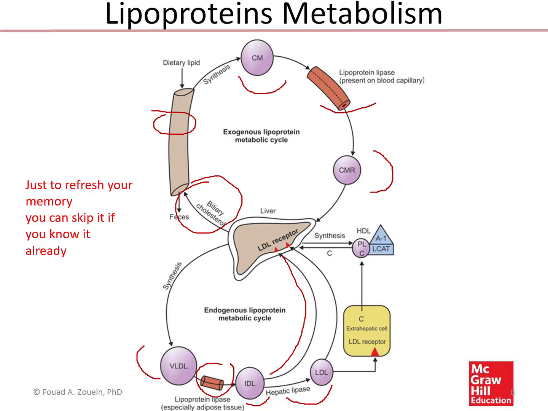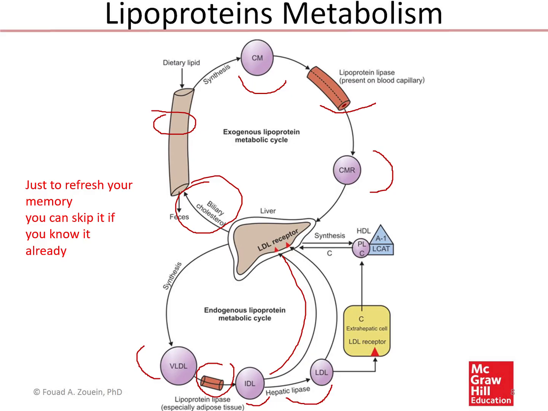Now, the role of LDL is to transport cholesterol to the tissues. You know, the tissues also need cholesterol. They don't only need triglycerides. So VLDL gives its triglyceride to the tissues and shrinks into a molecule, IDL, that has more cholesterol than triglyceride, which is then converted by hepatic lipase into low density lipoprotein rich in cholesterol.